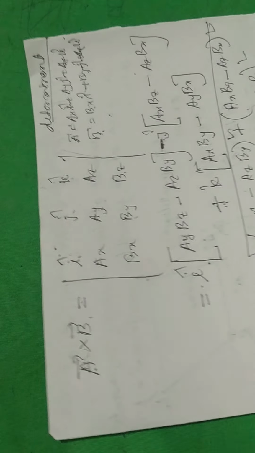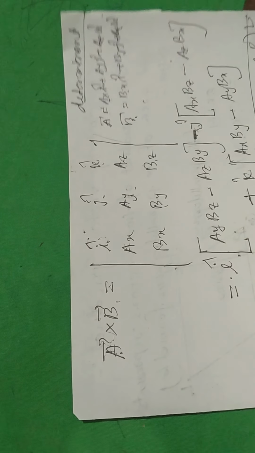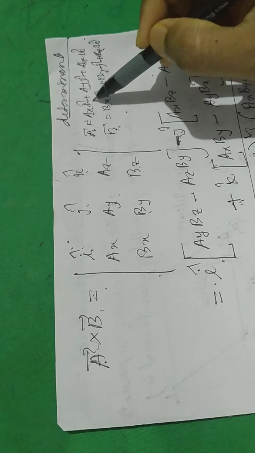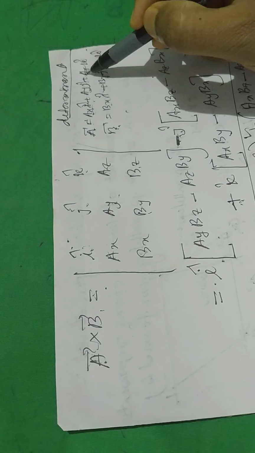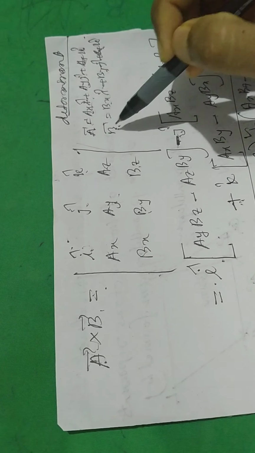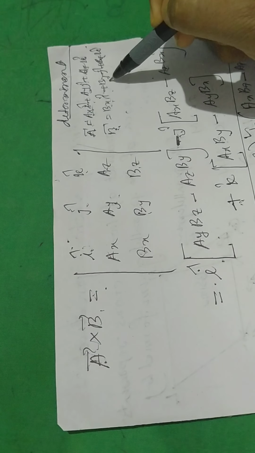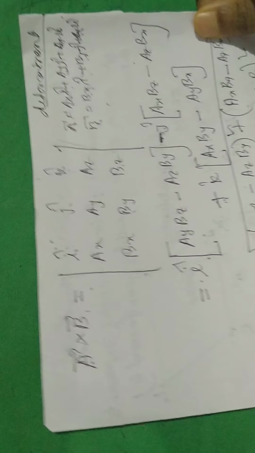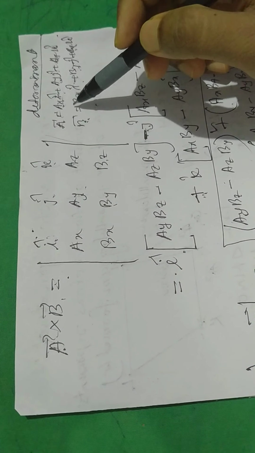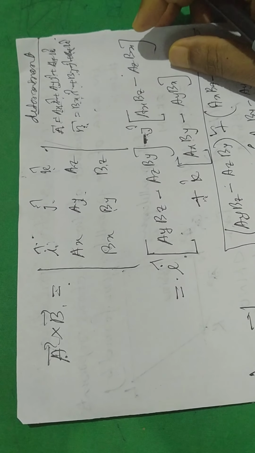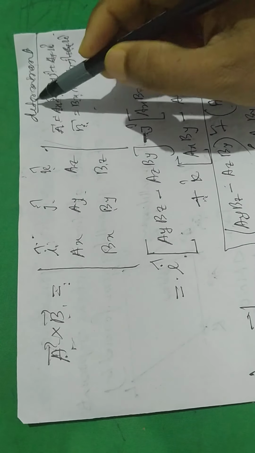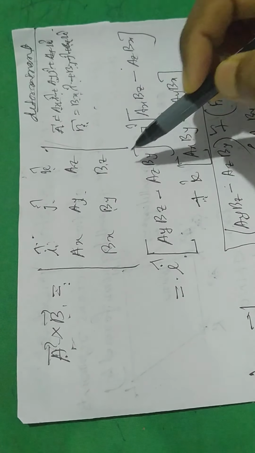Here again I am telling you how to take the cross product, make it clear. First vector A equals AX I cap, AY J cap, AZ K cap. Another vector B is BX I cap, BY J cap, BZ K cap. These two vectors we have to cross. To take the cross product, A cross B equals a determinant.